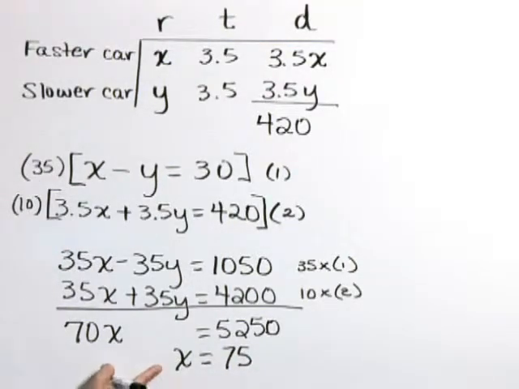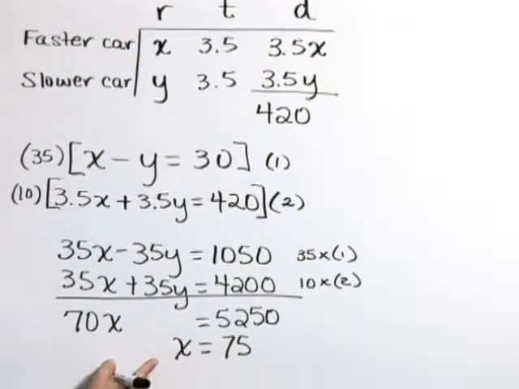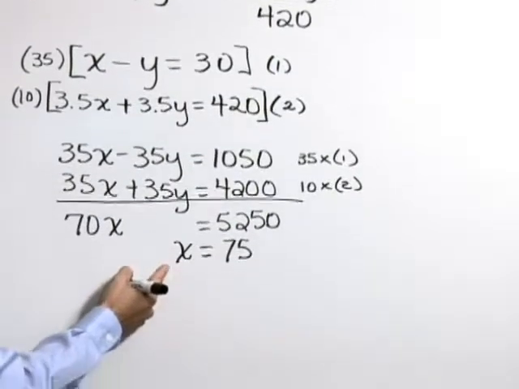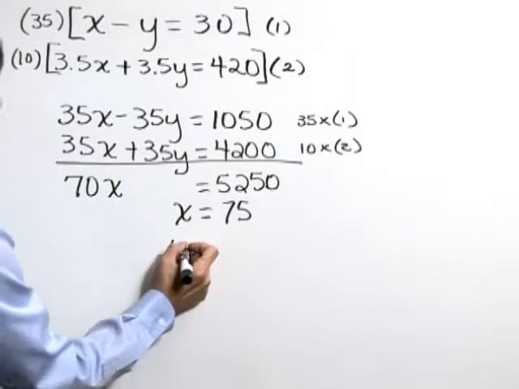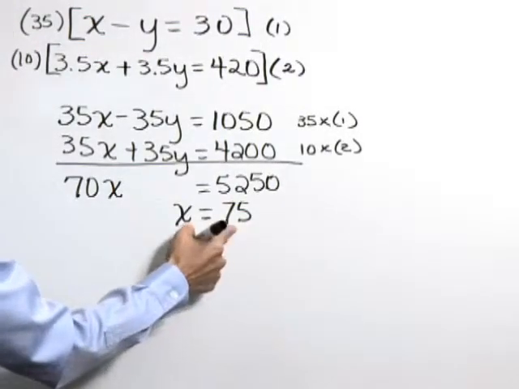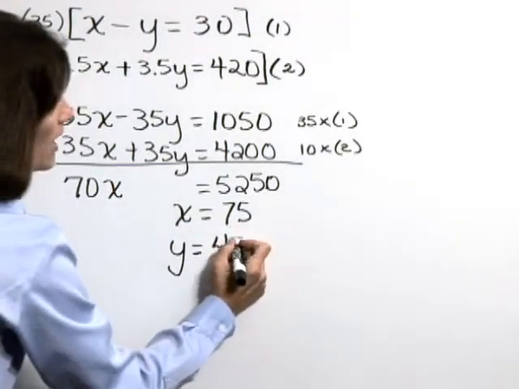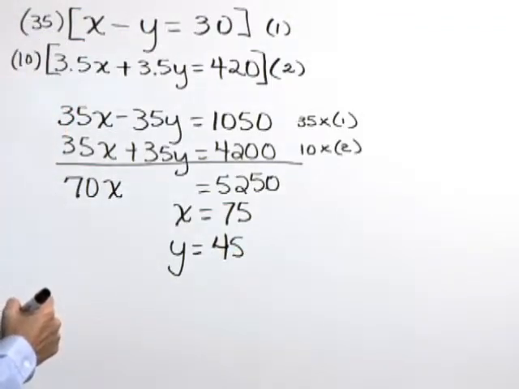Now x represents the speed of the faster car. y is the speed of the slower car, and we're given that that rate is 30 miles per hour less than this 75. So y is 75 minus that 30, or 45 miles per hour.